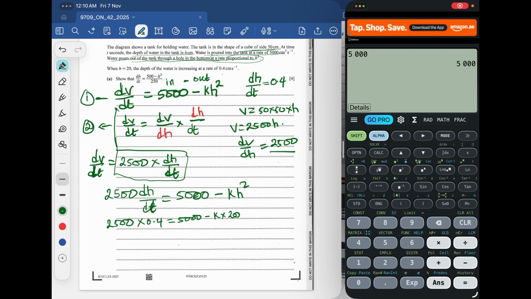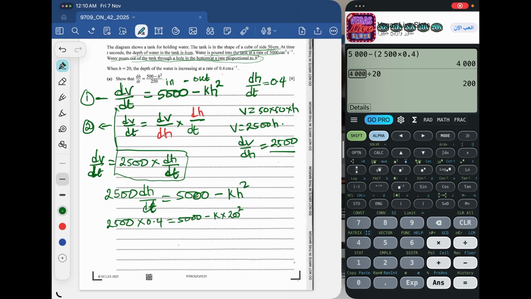So 5000 minus 2500 times 0.4, then divided by 20 squared, so 10. So from here my k is 10.